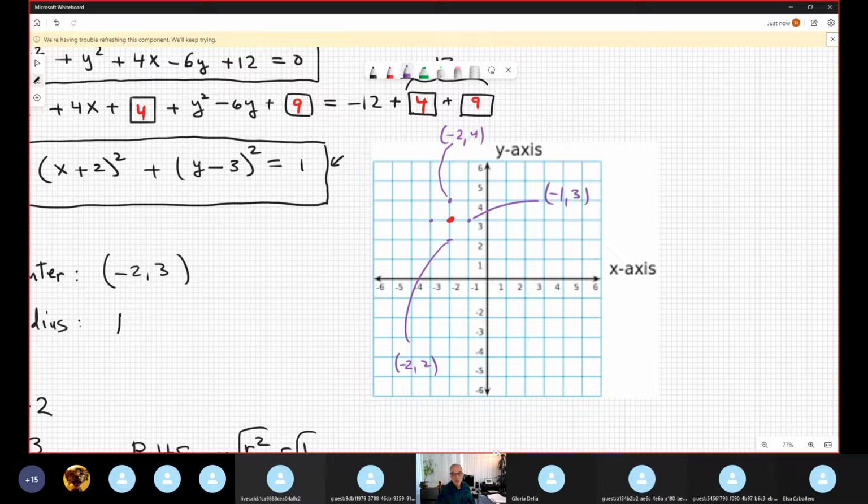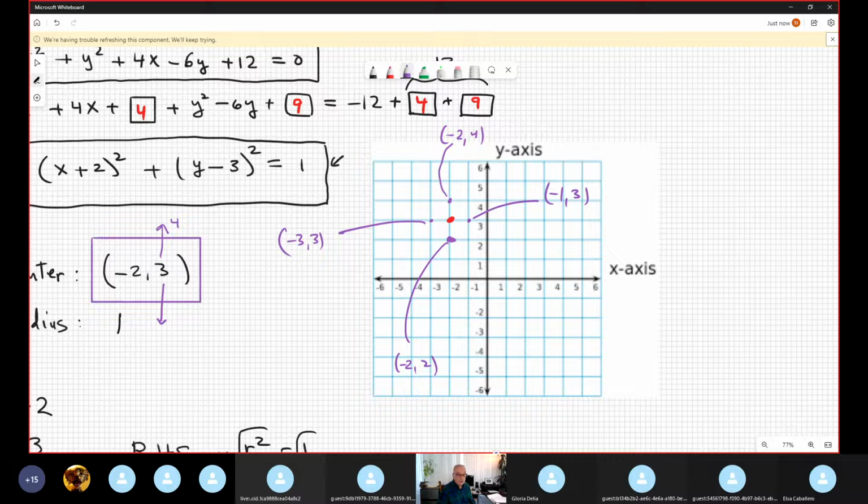And this point would be minus 3, 3. This is easy because we have a center. Look at that. When we move up, you increase the y component, so 3 plus 1 is 4. In this case, 4 is 1 unit because the radius is 1. When you go down, you decrease: 3 minus 1 is 2.